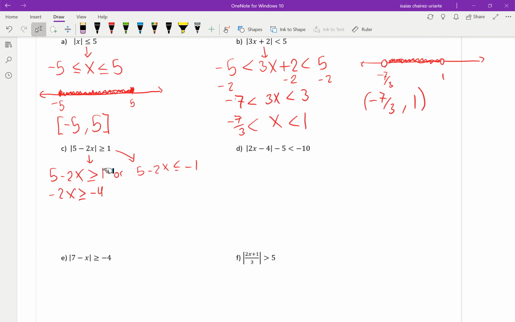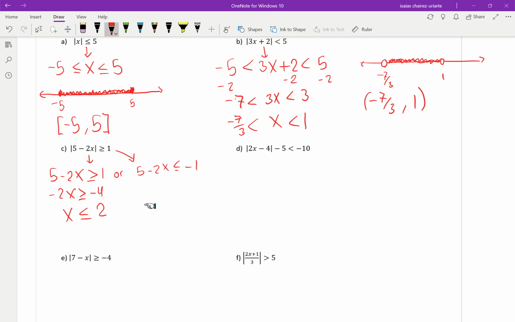So be careful with your signs. Since I have to subtract 5, that's saying 1 minus 5, and 1 minus 5 is negative 4. And now you gotta be extra careful. I'm gonna divide both sides by negative 2. And if I divide by a negative, the inequality sign is going to flip. So then I should end up with this: x is less than or equal to positive 2.